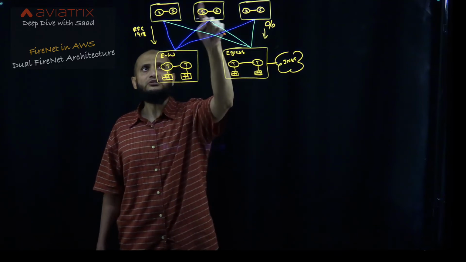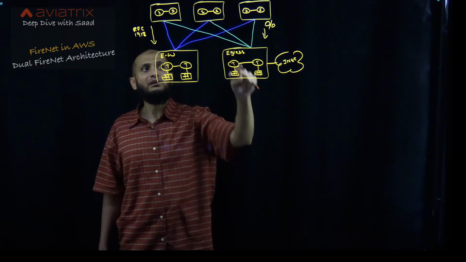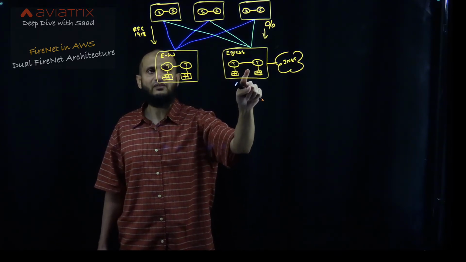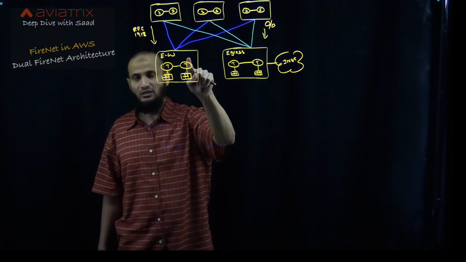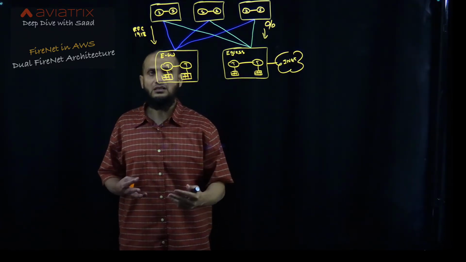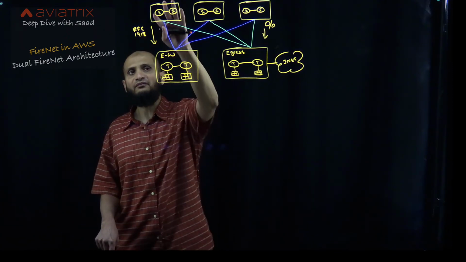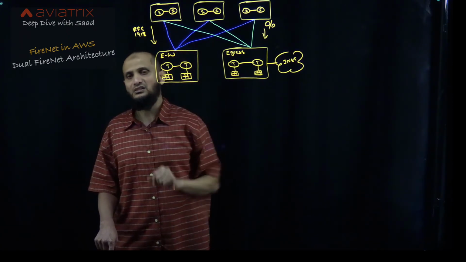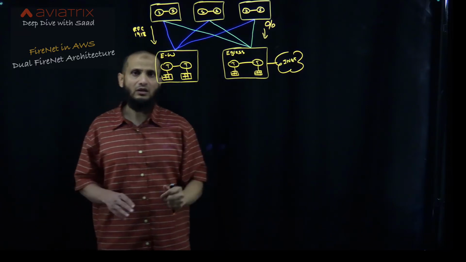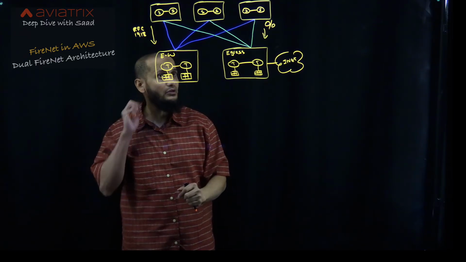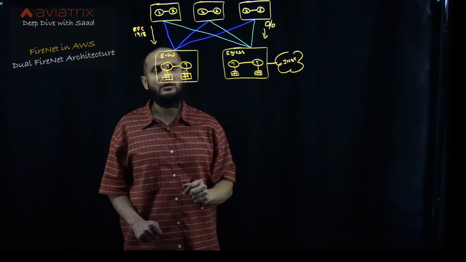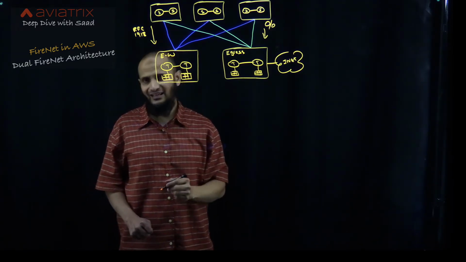So they will install the quad 0 coming from this egress transit FireNet, not the east-west. And for RFC 1918, since the inspection policy is configured on this one, the traffic will be coming towards the east-west firewall. So this is called a dual FireNet, for scenarios when the enterprise requires dedicated east-west and dedicated egress.